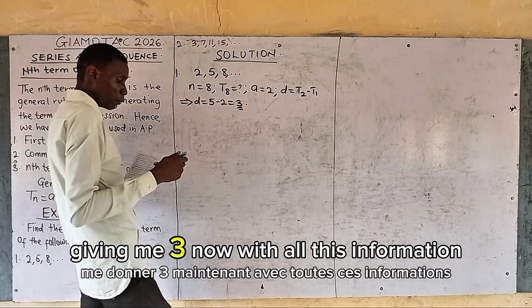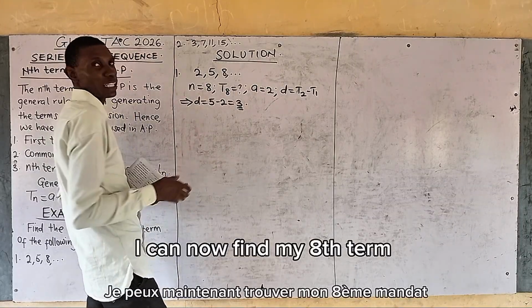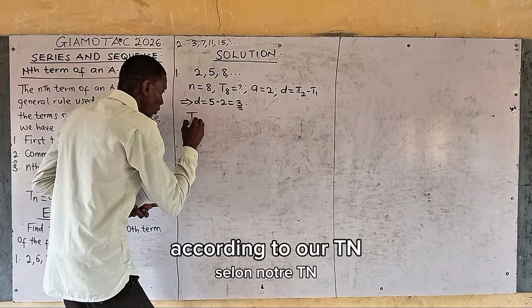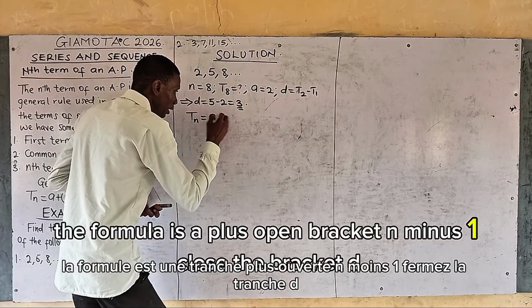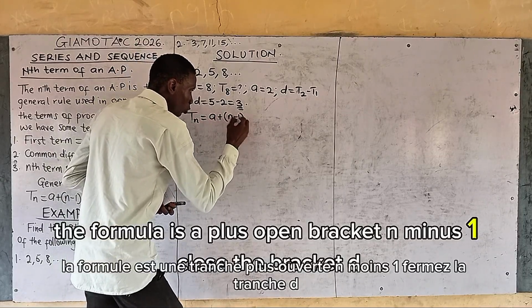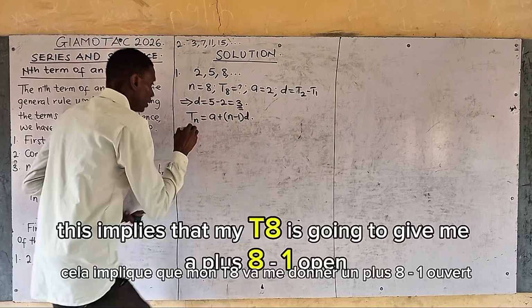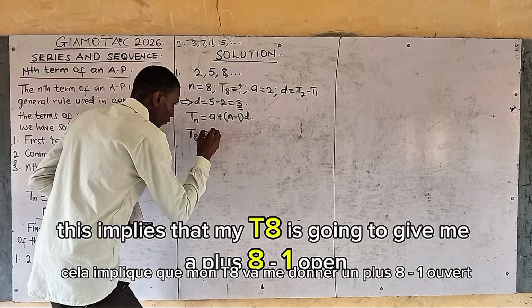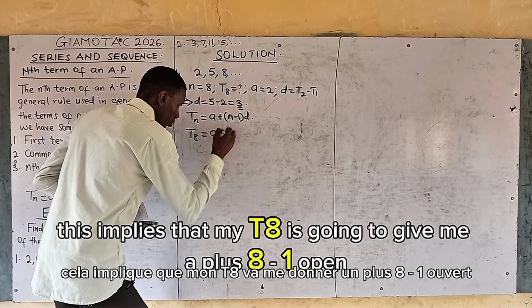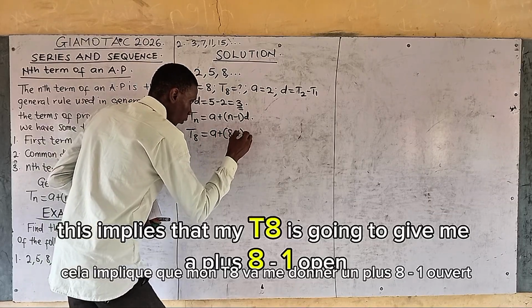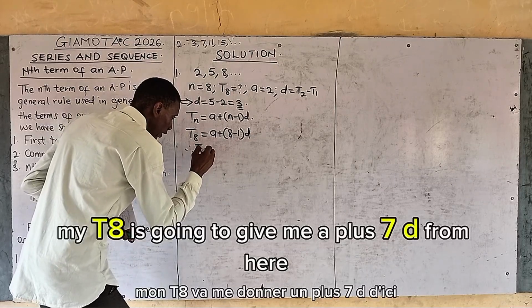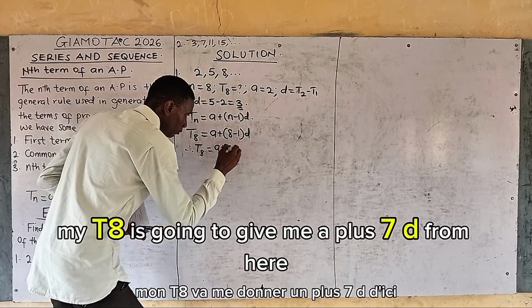Now, with all this information, I can find my 8th term. According to our Tn, the formula is A plus, open bracket, n minus 1, close the bracket, D. This implies that my T8 is going to give me A plus, open bracket, 8 minus 1, close the bracket, D. Therefore, my T8 is A plus 7D.